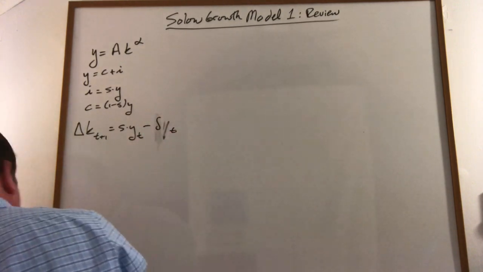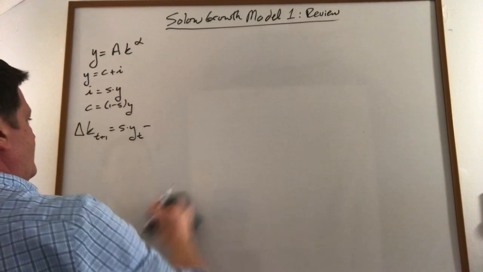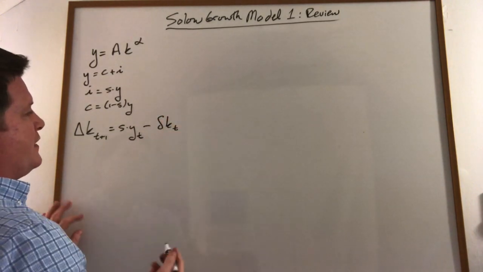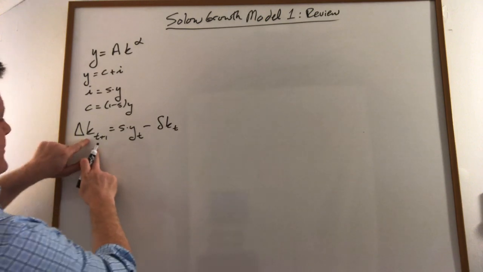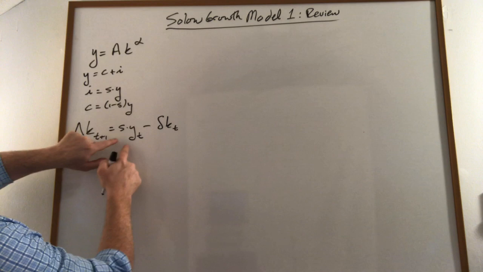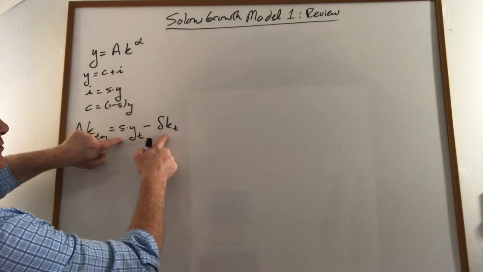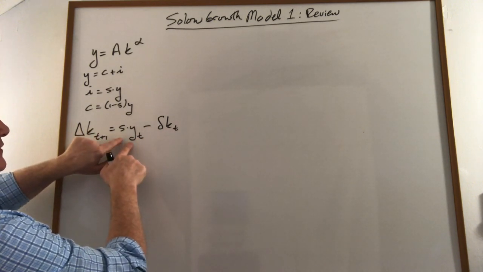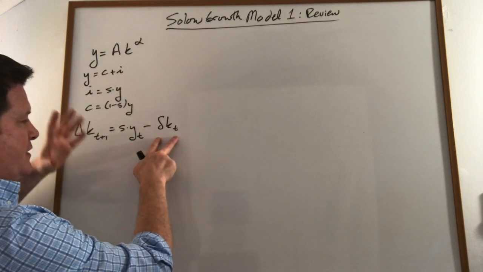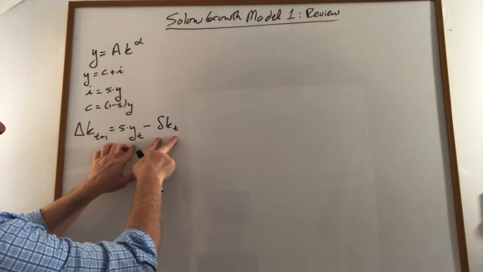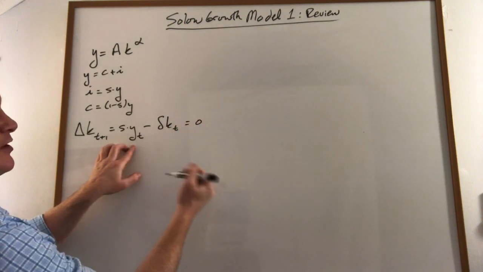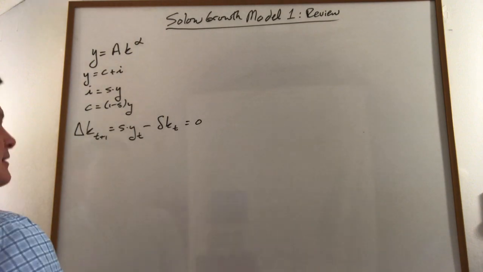That's also sloppy. Let me redraw that. So what this says is capital per worker in the future is growing at a rate of investment minus what's depreciating. Investment is adding to our capital stock. Depreciation is reducing our capital stock. It's falling apart. When investment is just equal to depreciation, these two equal 0, and we are called in steady state.